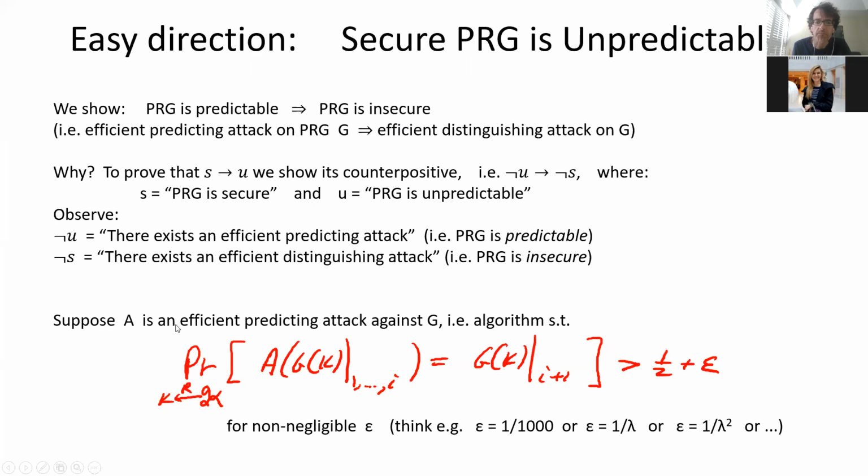So let's say that there is an attack that violates this notion, in other words, an attack against prediction. So there is some index I and an algorithm A that, given the first I bits of a PRG output, predicts the I plus first with probability 1/2 plus non-negligible.